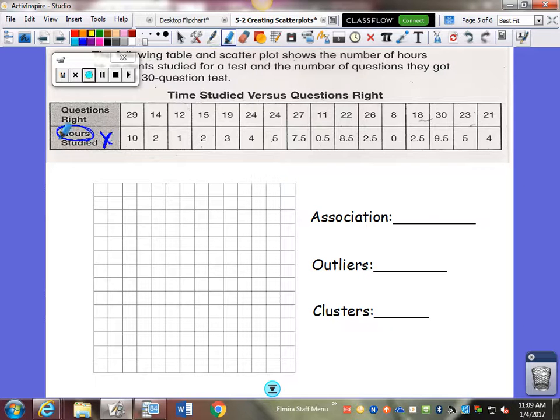And usually we put that on the top row. But for whatever reason, the author of this chart set it up backwards from what we're used to. Oh, it's not quite as wide as I wanted it to be. There we go. Okay, so this represents hours studied.